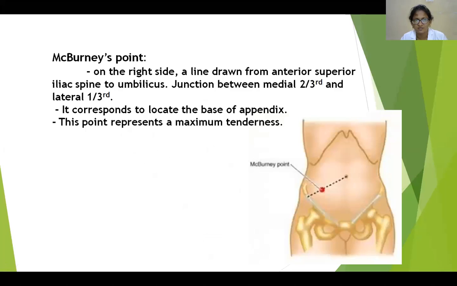Next, coming to McBurney's point. This is also one of the important structures you are going to see here. What is McBurney's point? On the right side, a line is drawn from the right anterior superior iliac spine to the umbilicus.